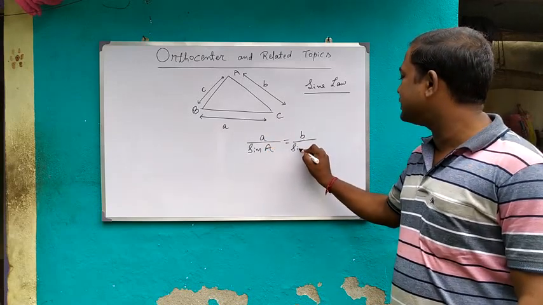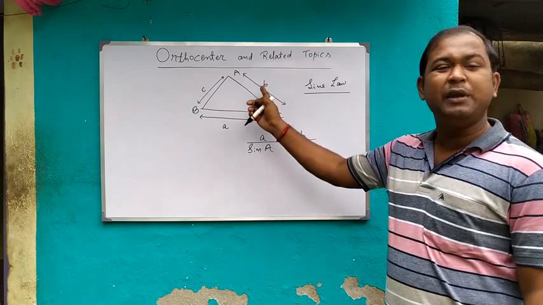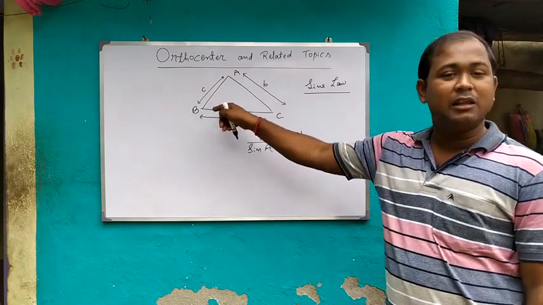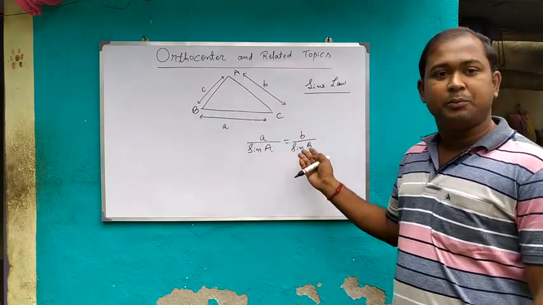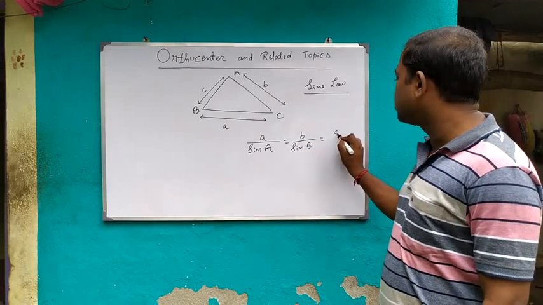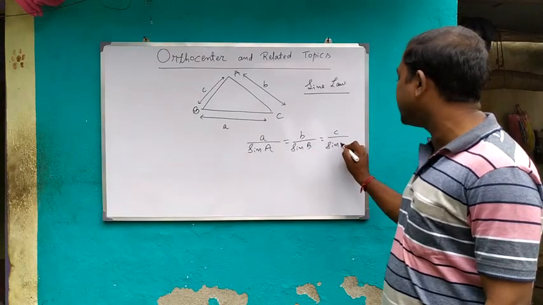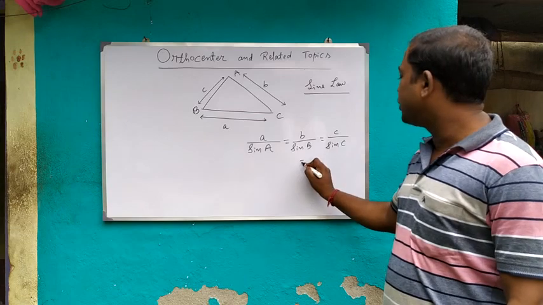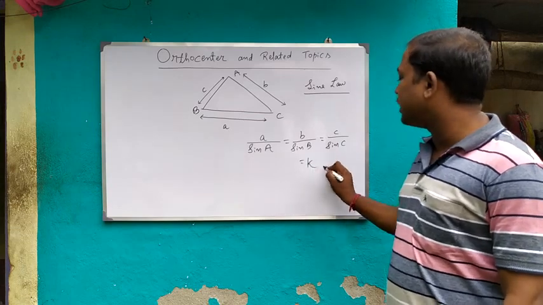Then b by sine B, side b to the sine of the angle opposite to it, and that is also equal to c by sine C, which is equal to a constant K.